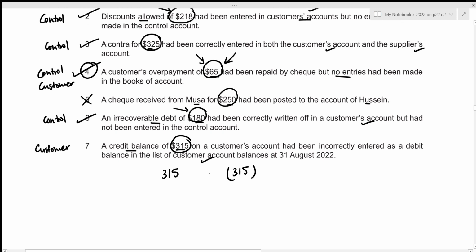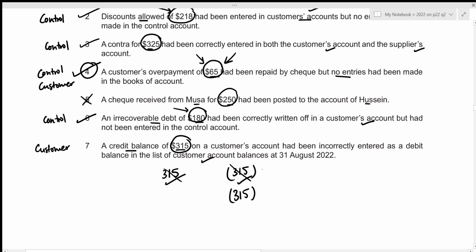So if we were to record 315 as a negative balance once, the previous positive balance and the negative balance would just cancel each other out, and there would be no negative 315 to reflect the actual credit balance on that customer's account, right? So if we include a negative 315 twice, once it will get cancelled with the previously entered positive balance, right? And once it will reflect the correct credit balance.